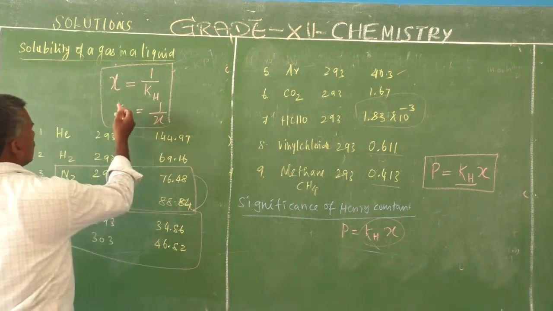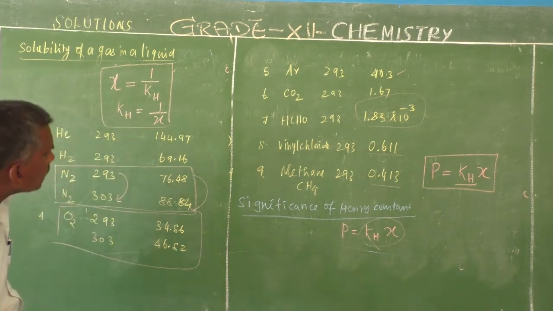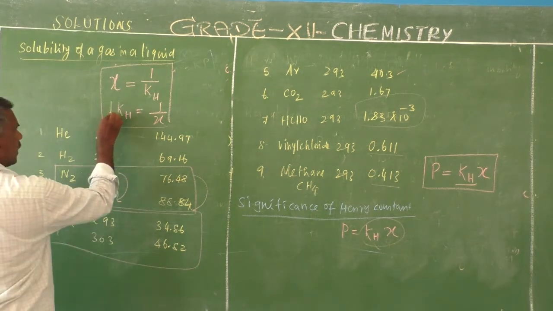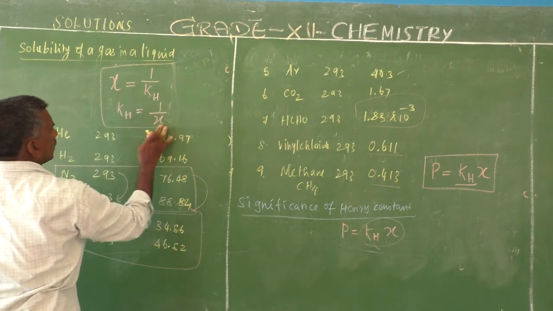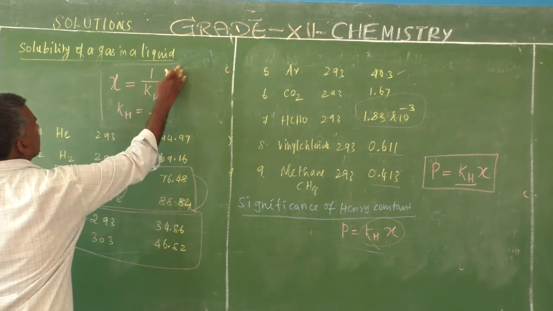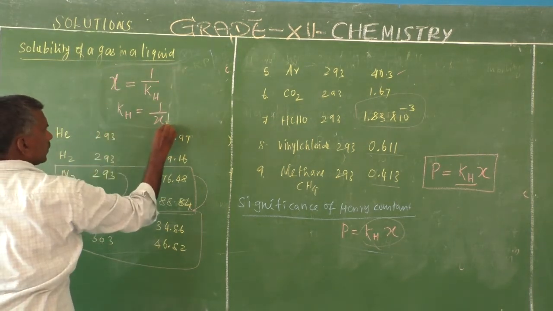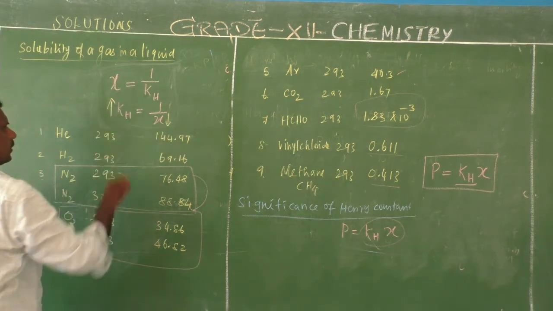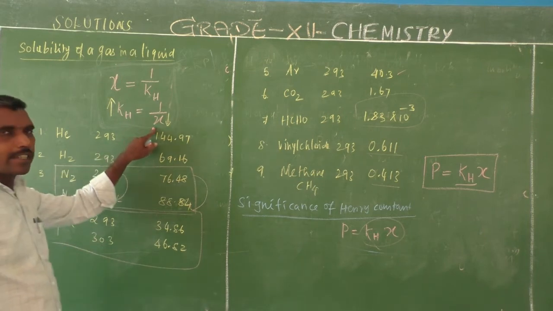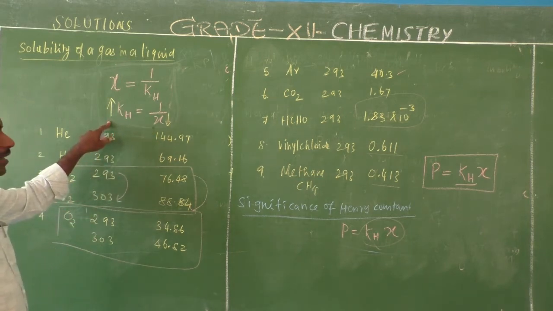Okay, now you see the equations. Formula: Henry constant, mole fraction decreasing. Mole fraction decreasing, that is the solubility decreasing. Henry constant increasing. When mole fraction decreasing, Henry constant increasing.